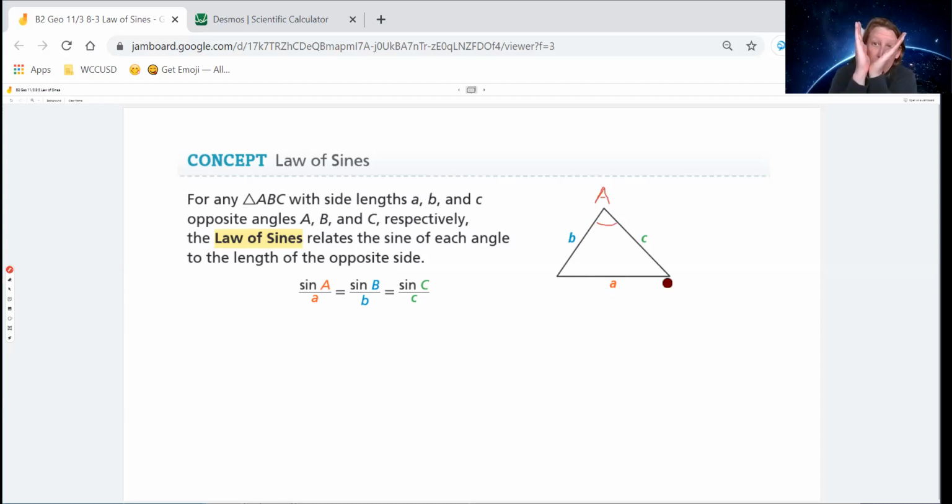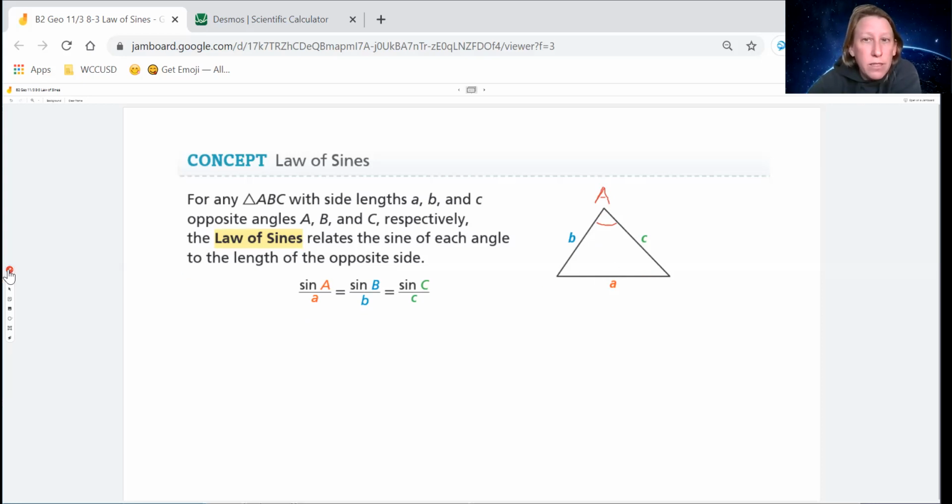You can see that the angle gets bigger, the side length is going to get longer. The angle gets smaller, the side length is going to get shorter. So there's a strong correlation here, or relationship between how big this angle is and how long this opposite side is.